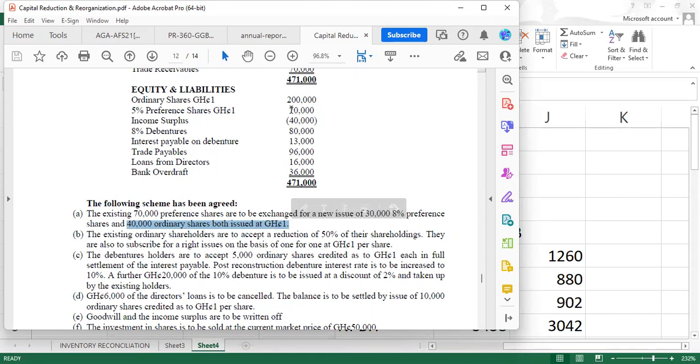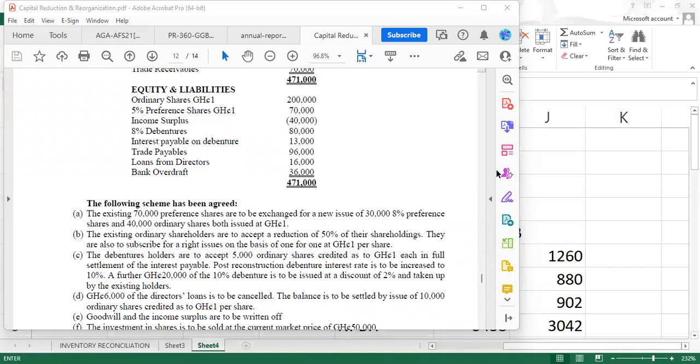The 70,000: 30,000 will be issued as preference shares at 8%, and 40,000 will now be changed to ordinary shares. So the first thing we have to do is change the preference shares to ordinary shares, so we have to increase the ordinary shares account.